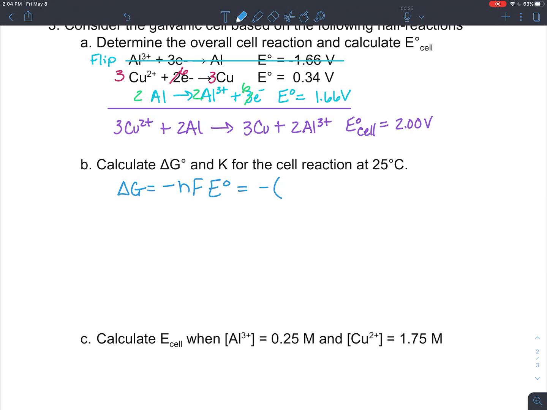Okay, so negative, we had 6 electrons that were transferred, times our Faraday's constant, 96,485 coulombs per mole of electrons, times our standard cell potential of 2.00 volts, which is equivalent to joules per coulomb.